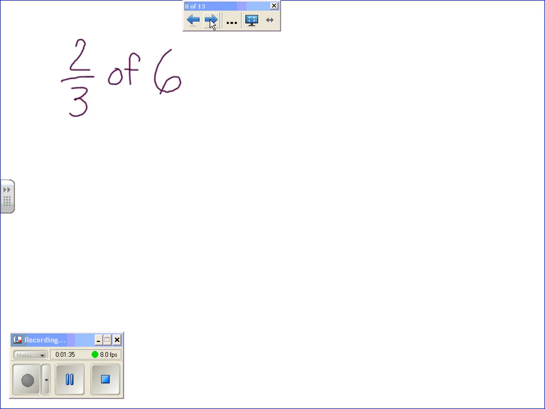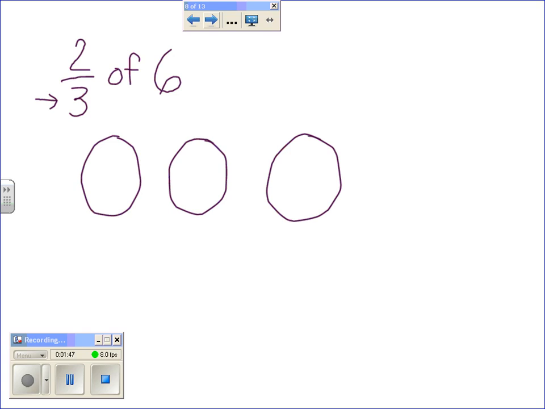I'm going to show you how to find this out using a picture first. We're going to take our denominator, which is 3, and draw 3 circles. Because remember, denominators mean the whole. How many wholes do we have in this fraction?